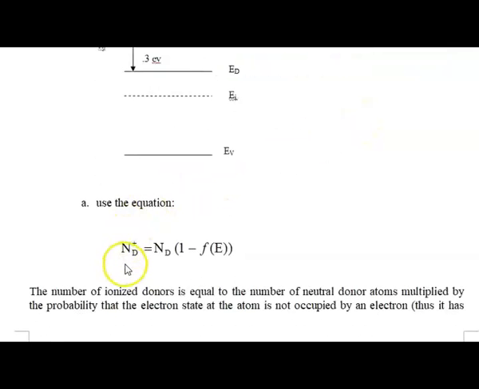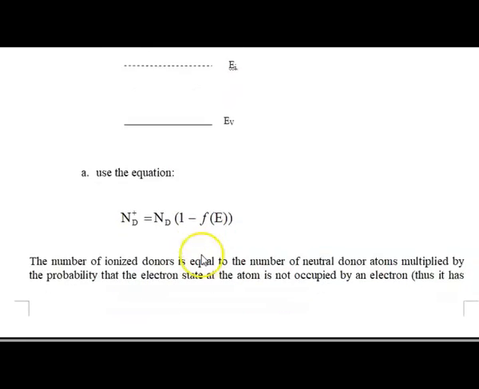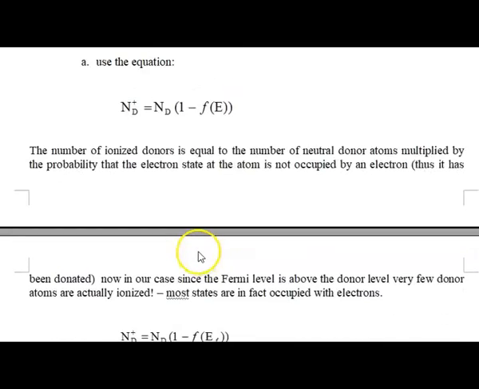So we use the equation that the number of ionized donors, which is equal to the number of electrons in the conduction band, is equal to the doping dose, in this case 10 to the 16th, multiplied by 1 minus the Fermi function. The Fermi function gives the probability of occupancy. We want the probability of non-occupancy, of donation, and we expect that will be relatively low.